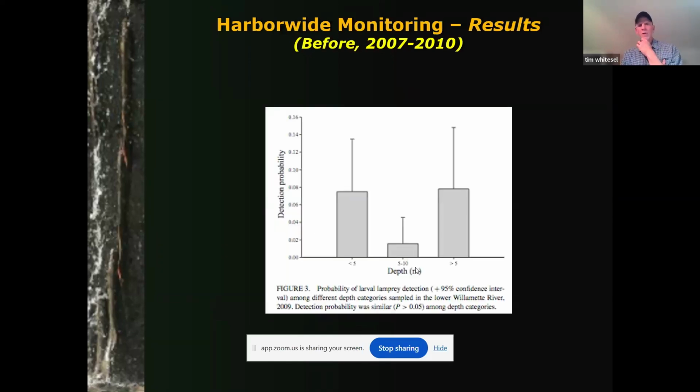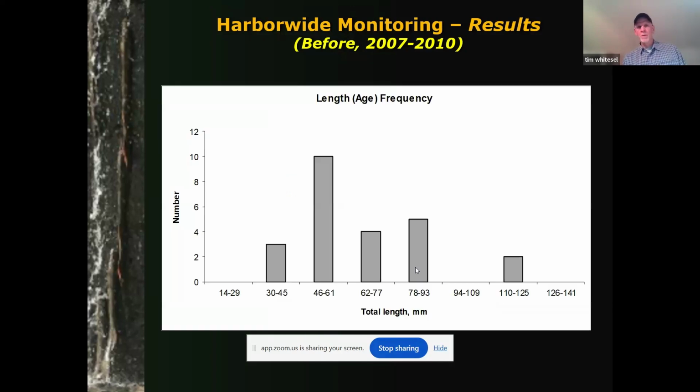Some other results that were meaningful to us, we stratified the area that we sampled by depth, and there was no significant difference. We looked at less than 5 meters, 5 to 10 meters, and then greater than 10 meters. And basically, our detection probability was the same in all. So there didn't seem to be any sort of stratification by depth.